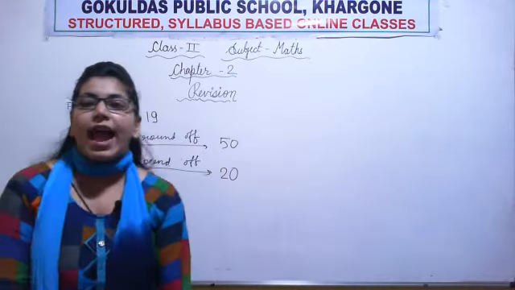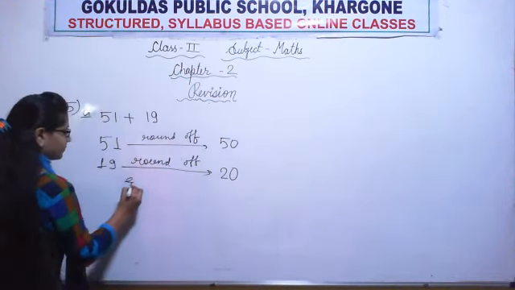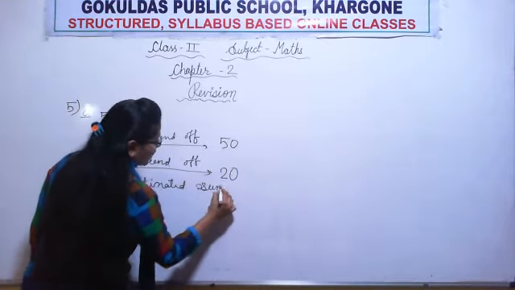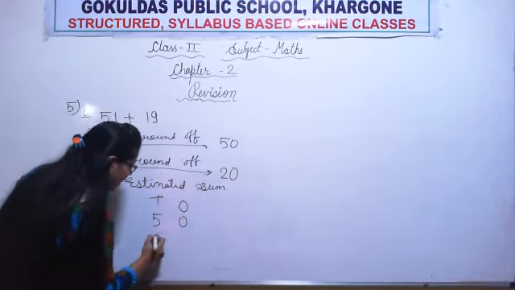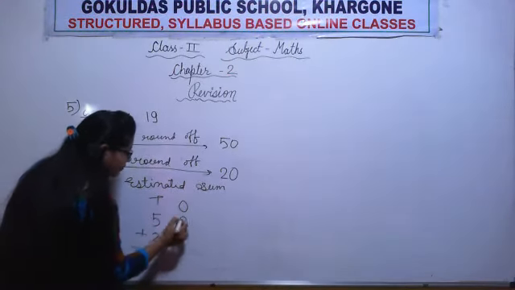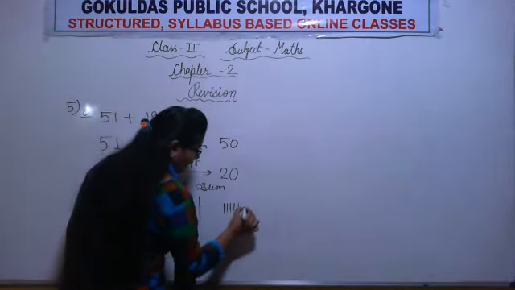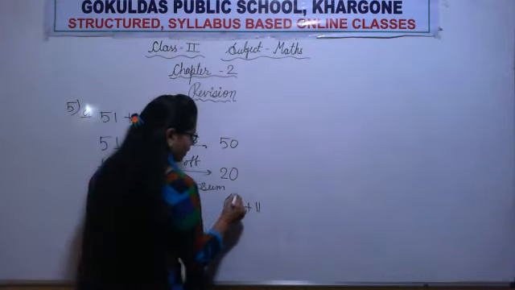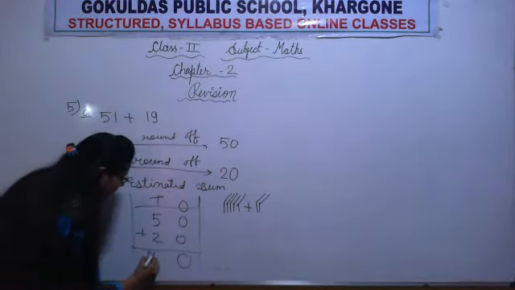Now we will add these two rounded off numbers and we will get the estimated sum. For getting the estimated sum, we will add 50 and 20. So let's add them. 0 plus 0 is 0. 5 plus 2, let's draw 5 sticks and 2 sticks. Now let's count how many sticks. 1, 2, 3, 4, 5, 6 and 7. 7 sticks are there, so we will write the number 7.